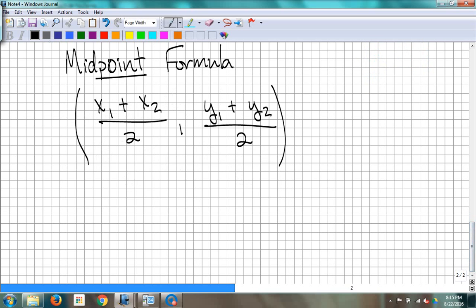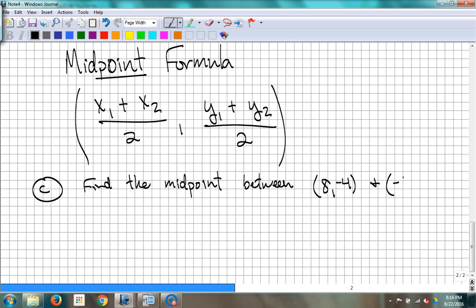Okay? So, let's get an example of that. Example C. Let's say find the midpoint between 8, -4, and -6, 1.